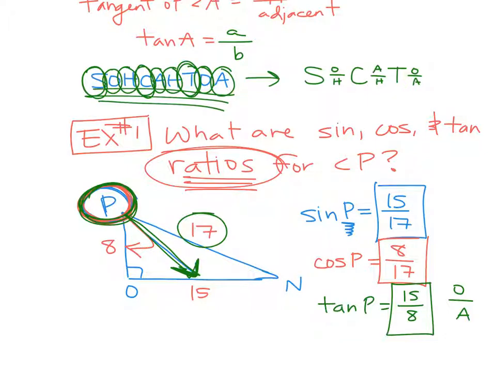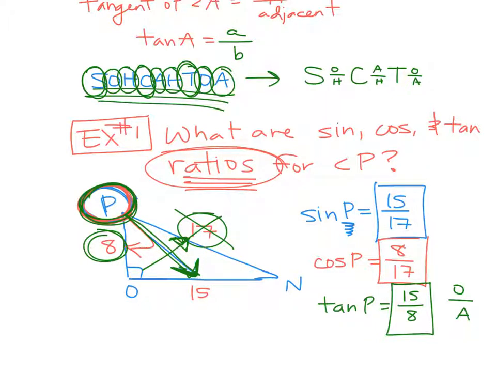So if it's going to be adjacent, it has to be the one that's next to P, but not a hypotenuse. Because this one's across from the 90-degree angle, we're not using it as adjacent. We're using this one instead. Yeah, because it's the hypotenuse, you can't use it as the adjacent.